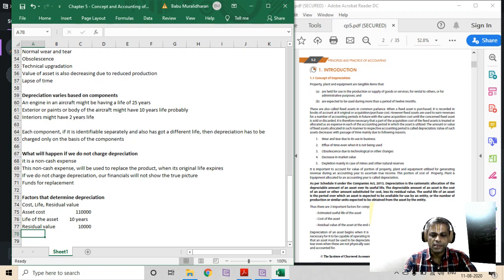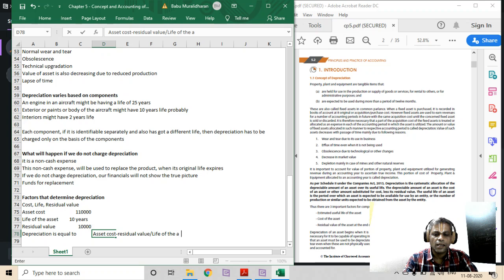So depreciation is equal to asset cost minus residual value divided by life of the asset. So in this case, it is equal to 1,10,000 minus 10,000, divided by 10, right?